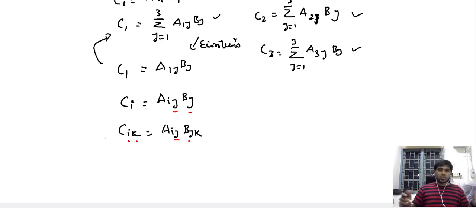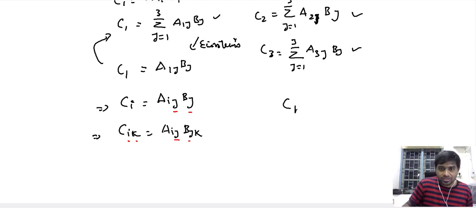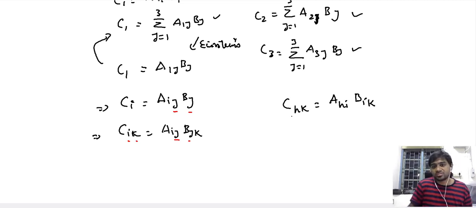If, out of nowhere, without all this introduction or without saying how we arrived at this, you just see an expression of this sort, say C_ik is the product of A_ij and B_jk, then you will be unable to understand what this essentially means.